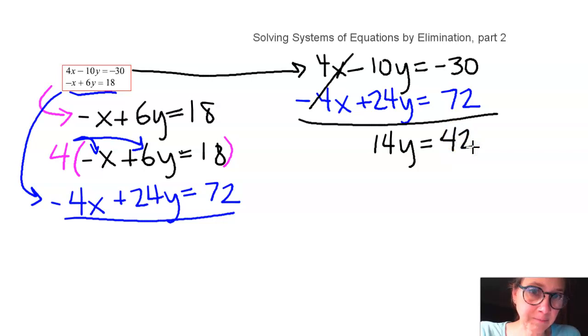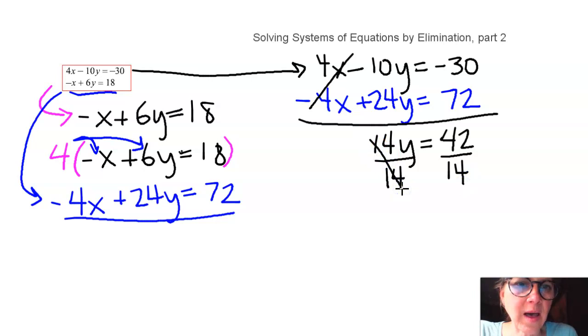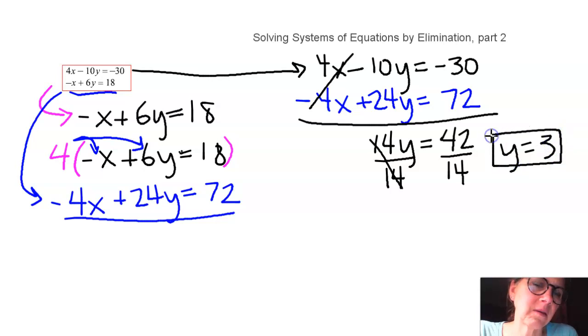Now remember, 14 and y are multiplied by each other, so I'm going to divide by 14 to undo it, which means I divide this by 14. These cancel out. So y equals 42 divided by 14, which is 3. So there is my y.